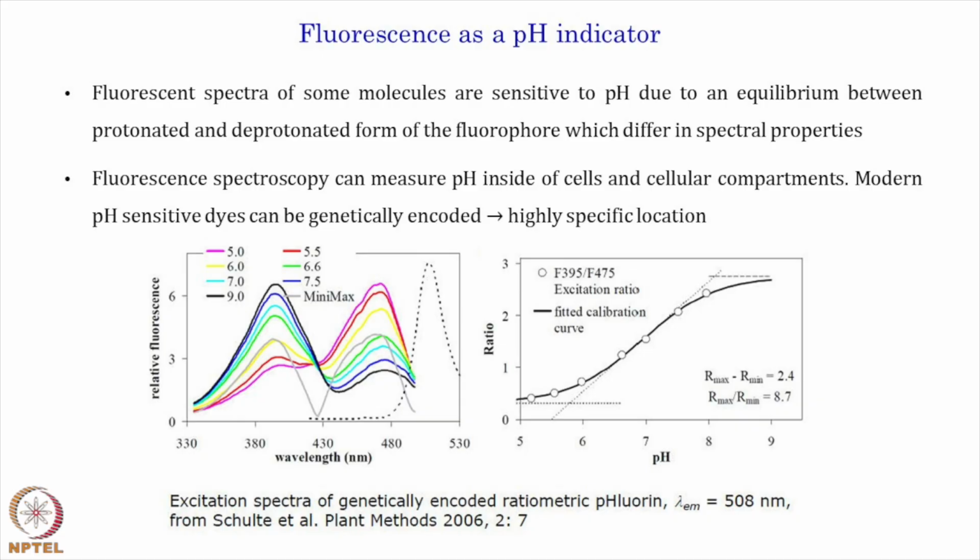So already we discussed sensing the pH. So fluorescence can be used as a pH indicator. Right. There are some molecules which are sensitive to pH, and due to the equilibrium between protonated and deprotonated forms of the fluorophore, the fluorescence spectra can differ, and it can measure the pH inside the cell.